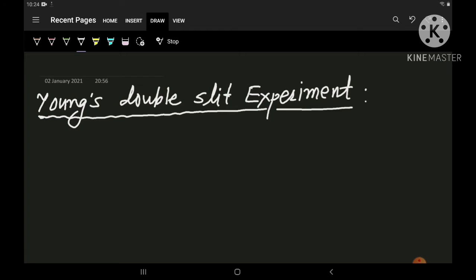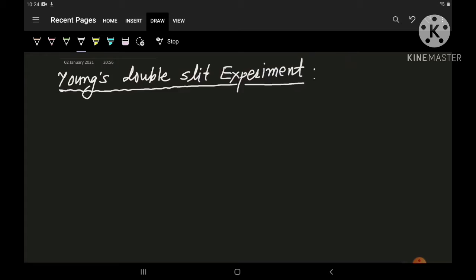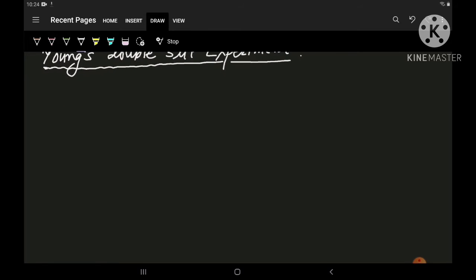So dear all, let us consider a slit. Suppose we have a point source of light. Suppose S is a point source of light.